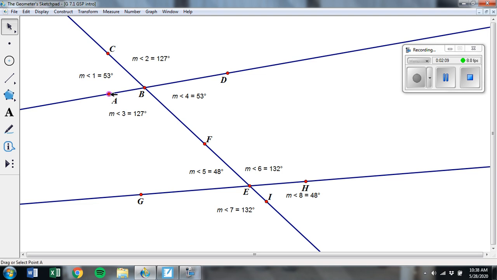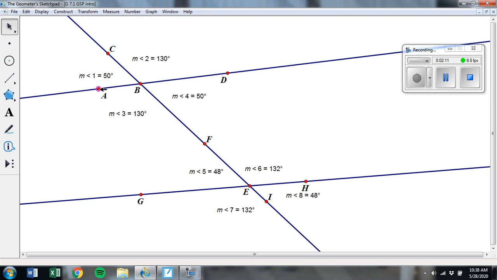The first one is called alternate exterior. Think about this inside here where my cursor is as like a river. You can see on the outside is angle 1, 2, 7, and 8. Those are what we call exterior angles. And on the interior, we would call these interiors. They're on the inside or in the river.